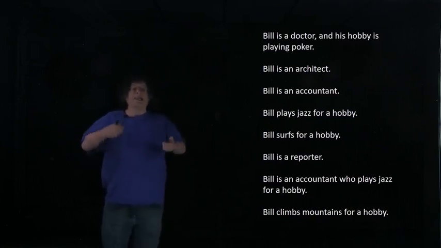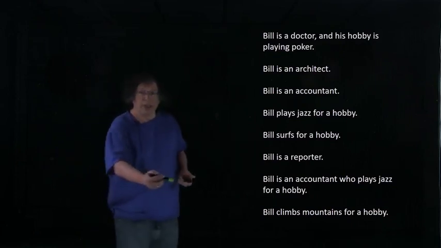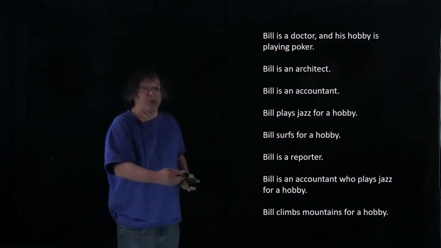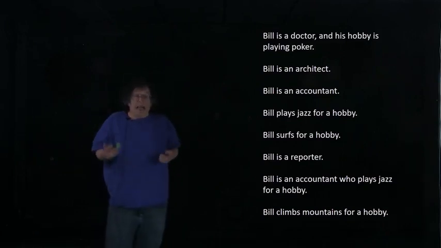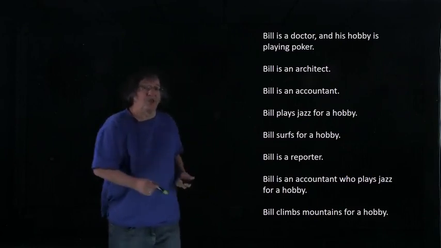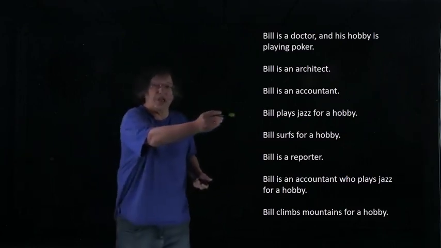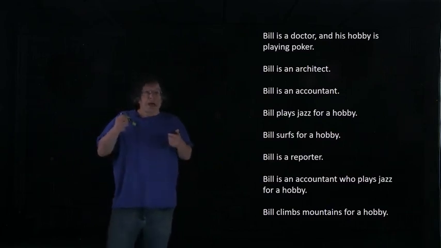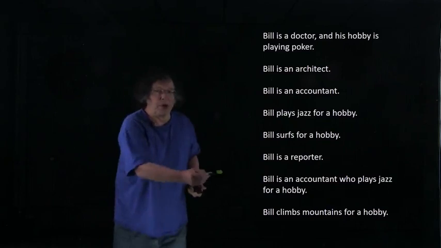In other words, it simply can't be more probable that Bill is an accountant who plays jazz for a hobby than that he simply plays jazz for a hobby. It can't be more probable. The number of situations in which this is true is a small subset of the situations in which this is true. However, people view this as more probable.